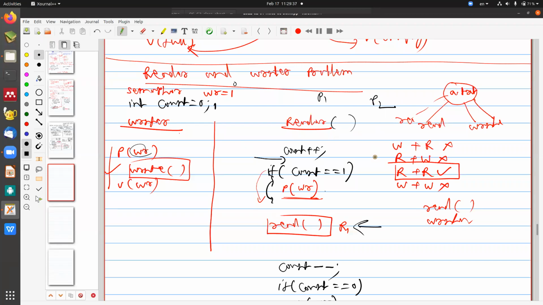If another reader comes, it will make the count 2. Then the lock is not applied. This particular if condition is false for both cases, so both of them will skip this area.